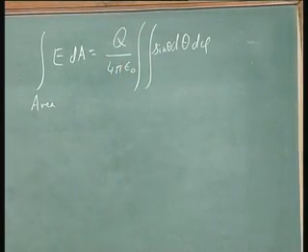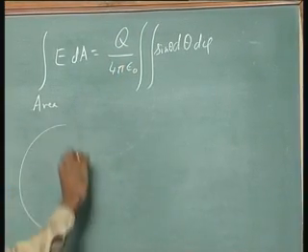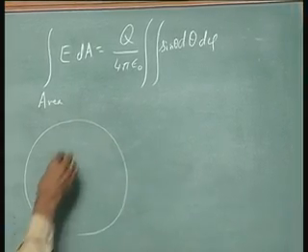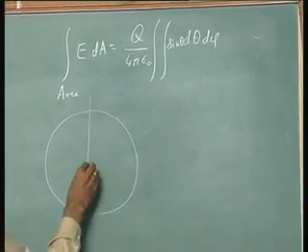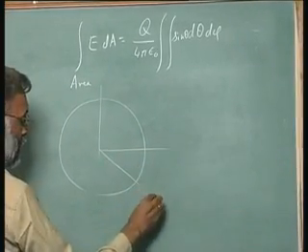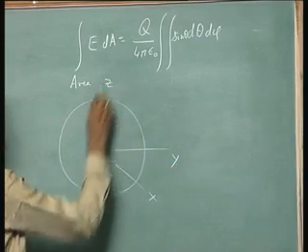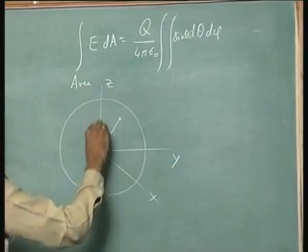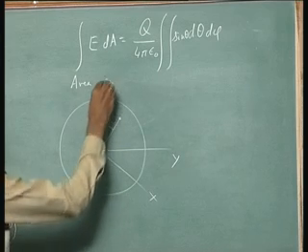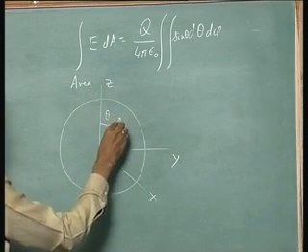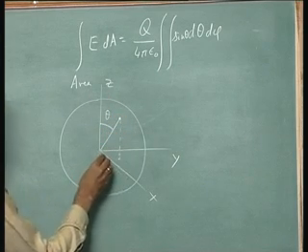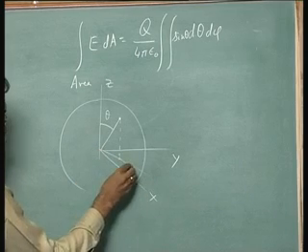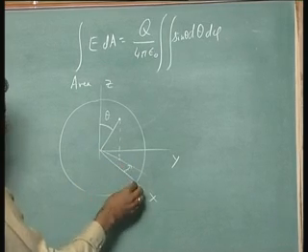If you look at the diagram, this is x, this is y, this is z, this is some general point. The angle made with the z axis is theta, the angle made with the x axis of the projection is phi.